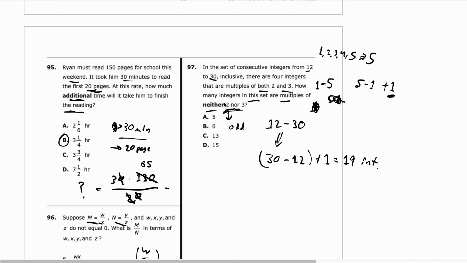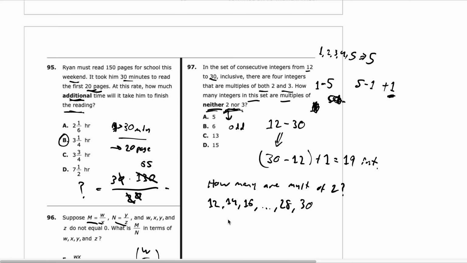So we're starting with 19 integers, right? And now we want to know how many are multiples of neither 2 nor 3. So let's first look at how many are multiples of 2. 12 would be, 14 would be, 16 would be, all the way up to 28 and 30.